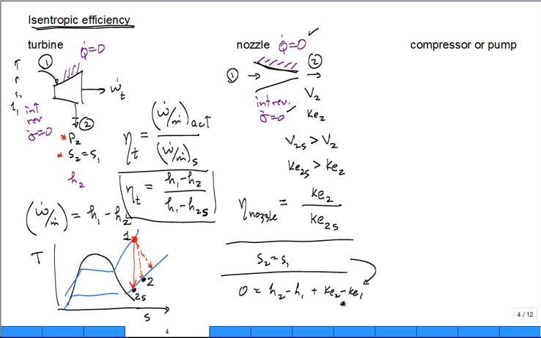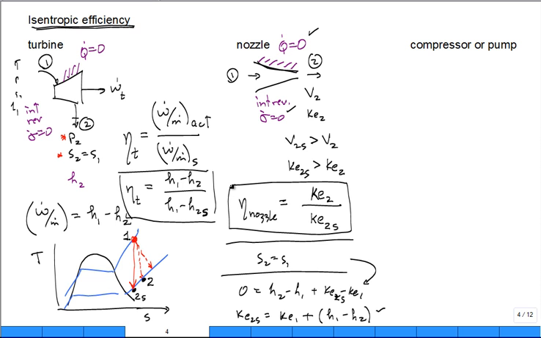If it is truly isentropic, that's a KE2S, such that KE2S is equal to KE1 plus H1 minus H2. So you use the first law to get the isentropic exit kinetic energy, and then maybe they give you this, or you have to calculate it knowing the actual exit kinetic energy. But this is the equation for the nozzle isentropic efficiency.